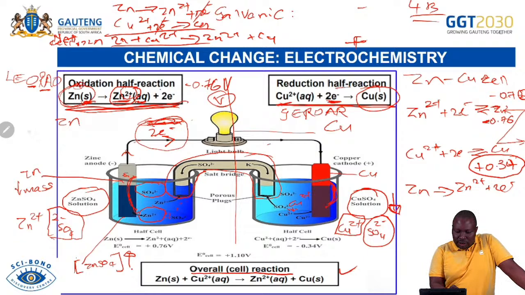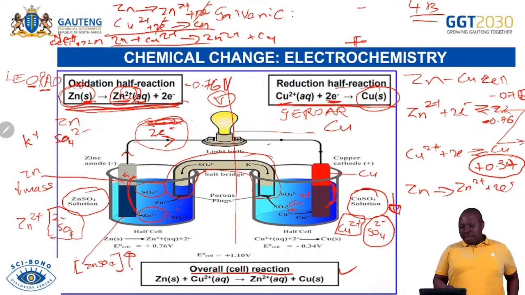That salt, you remember, is K+ and SO4 2-. The SO4 2-, because it's negatively charged, will come here where there is more zinc 2+ being formed in order to neutralize the positive. So you see how the neutralization happens.